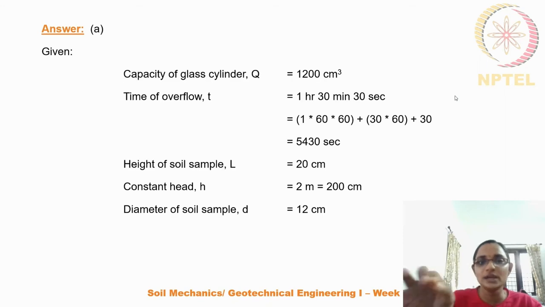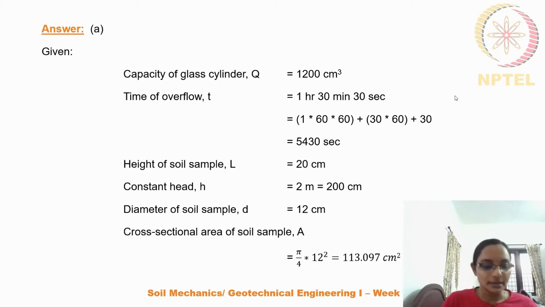For that, first we are noting down all the values that is given, that is capacity of the glass cylinder, time of overflow, then height of soil sample, constant head and diameter of the soil sample, everything is already given. Then we are determining the cross sectional area of the soil sample first. We know the diameter of the soil sample.